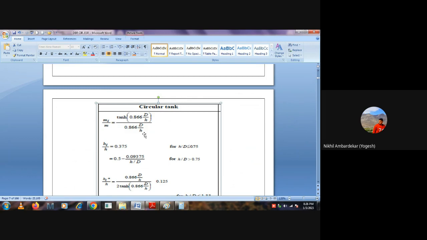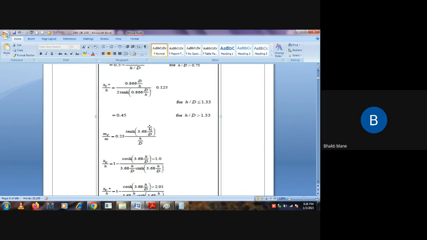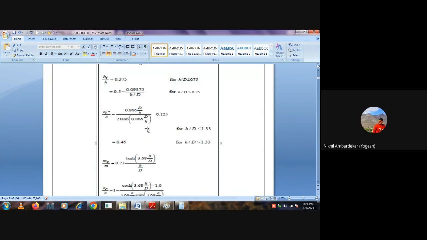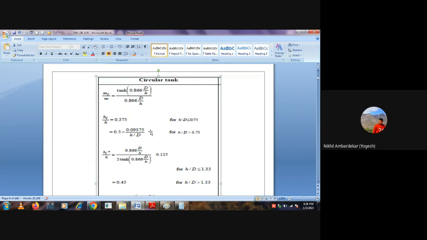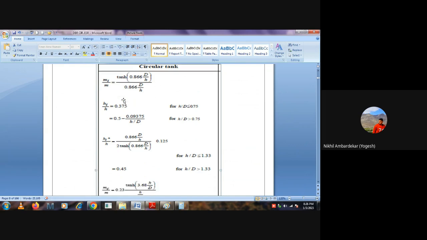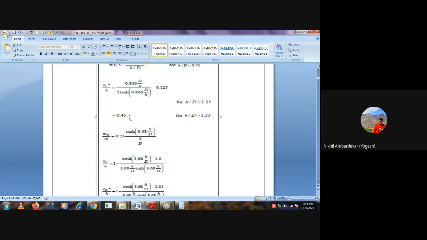Got it? Yes, sir. I will go to the direct calculation and explain it to you. So this is for the impulsive mass calculation. Similarly, we have a formula for the convective mass calculation.